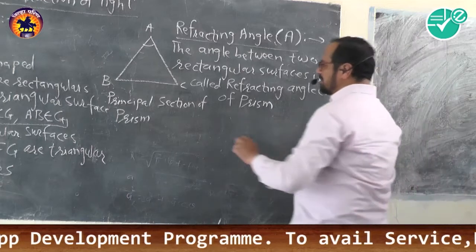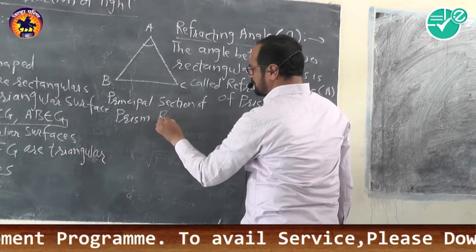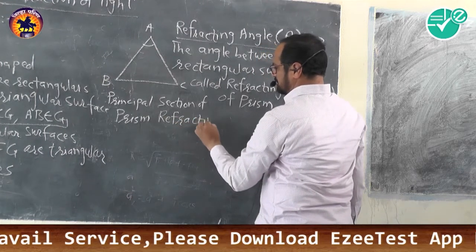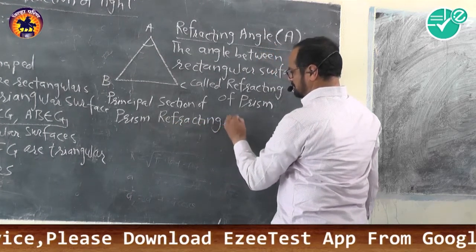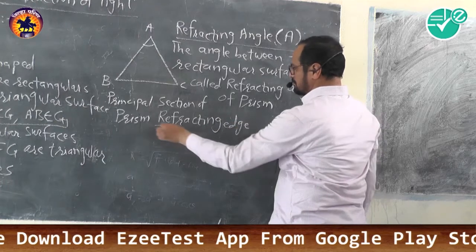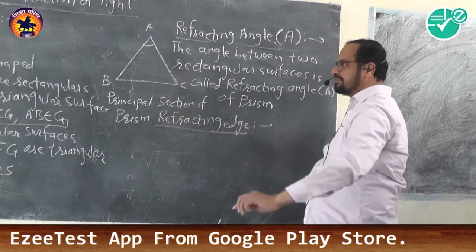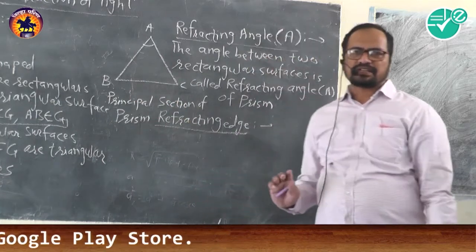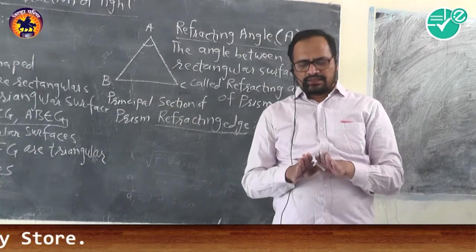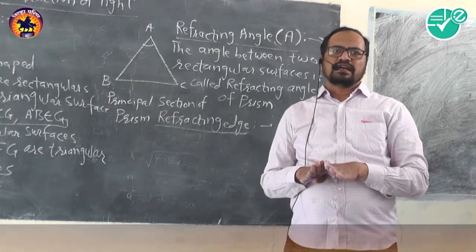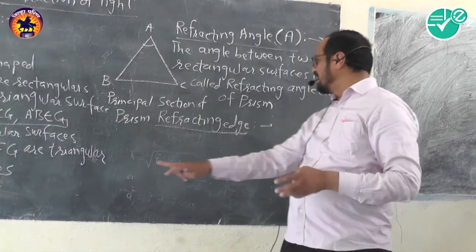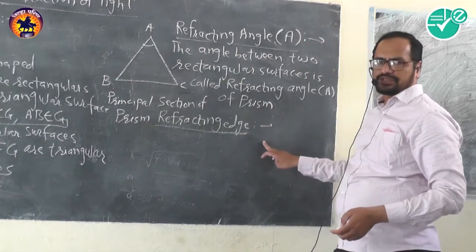Then next is the refracting edge. It means that when the two transparent rectangular surfaces meet each other at one line, that line is called the refracting edge.